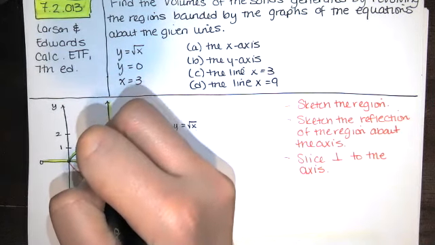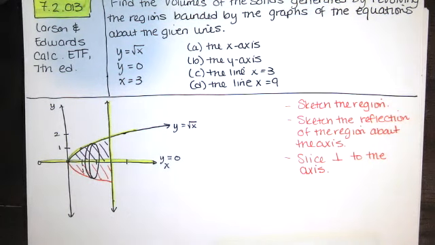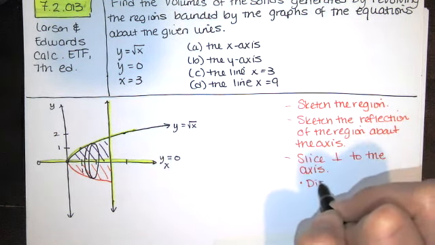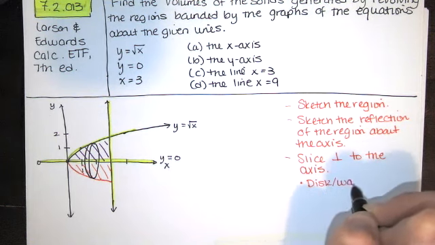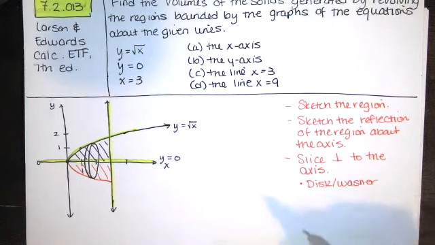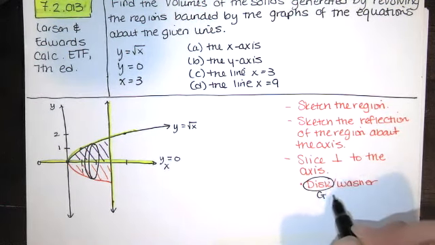Now, because there is no gap between the original region and the axis, what we have are disks rather than washers. So we're going to decide between the disk or washer method. Since there's no gap, this is a disk method problem.